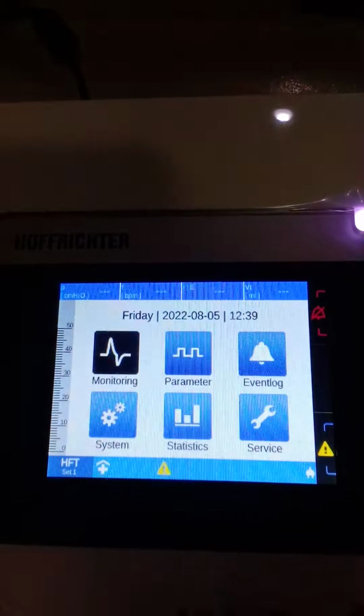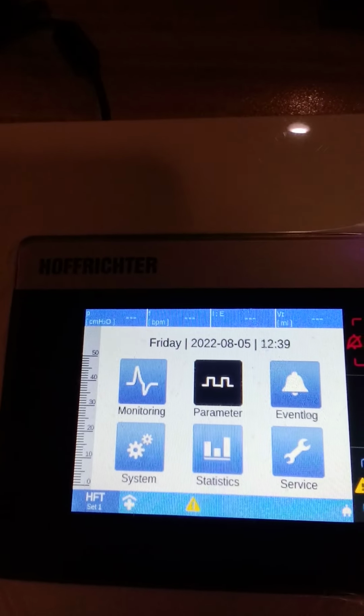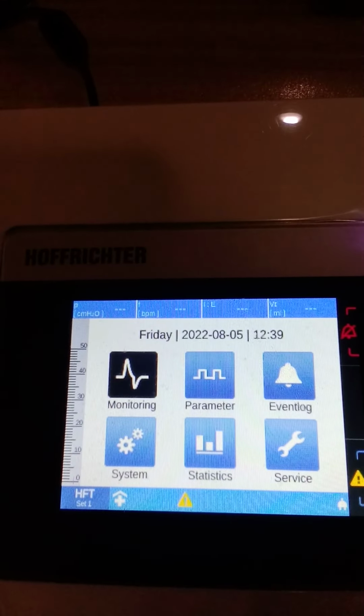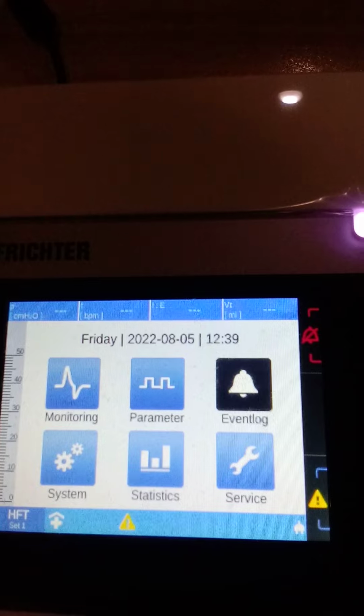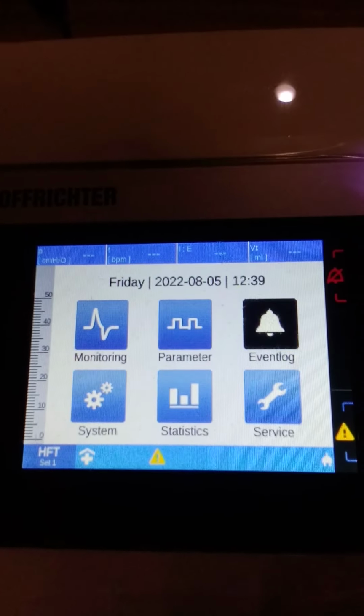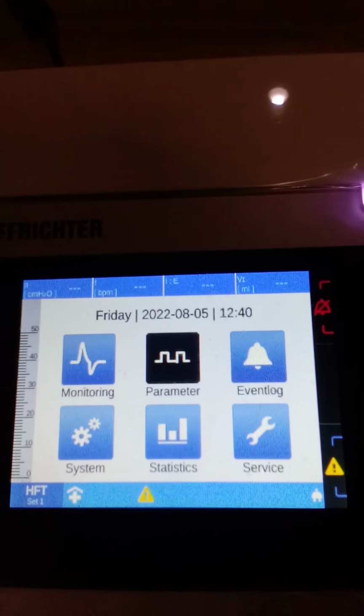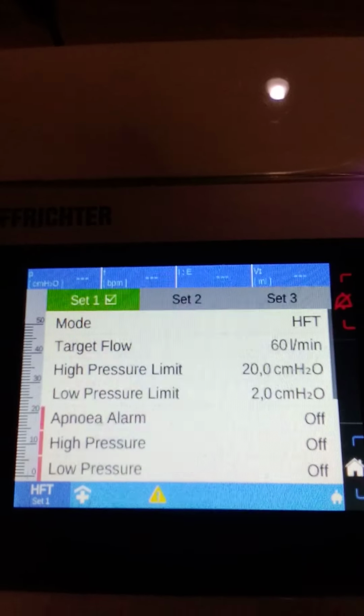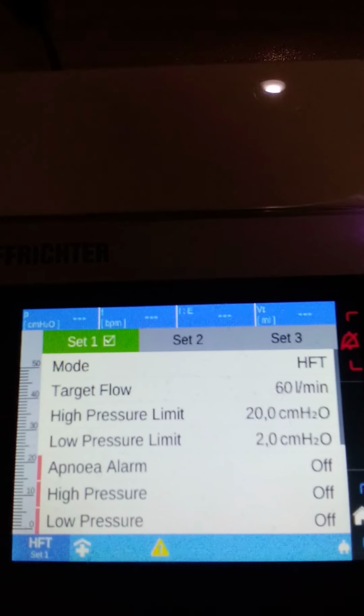So this is the main menu, and first is monitoring, then parameters, event log, system, statistics and service. So for the setting of parameters we are going to be done.